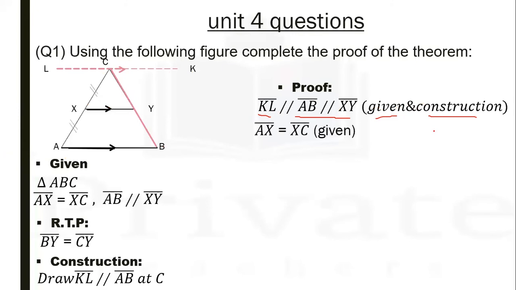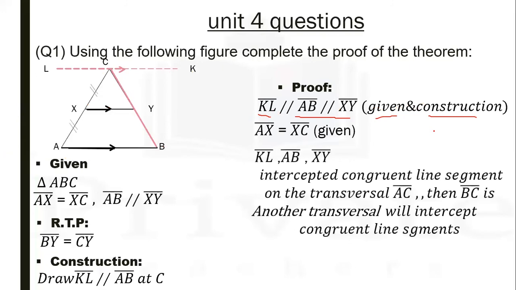And AX is equal to XC, this is given. Therefore, KL, AB, XY intercept congruent line segments on the transversal AC. AC here is a transversal, and BC is another transversal, which will also intercept congruent line segments. By this way, we can say BY is equal to CY, and this is what is required to prove.